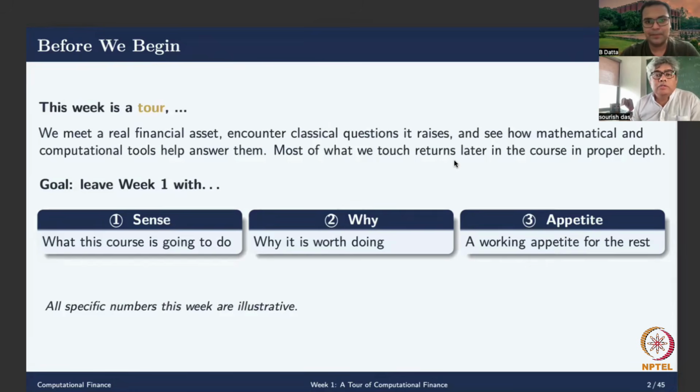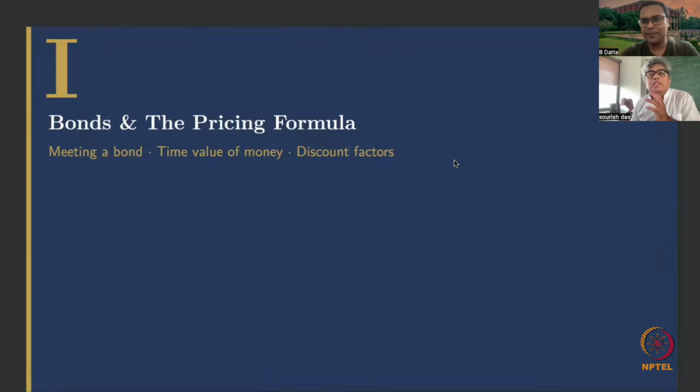Right. So, first thing, we will talk about bonds and how to price a bond using some formulas and what are the motivations of the formulas. And most importantly, we will try to understand the time value of money, right?